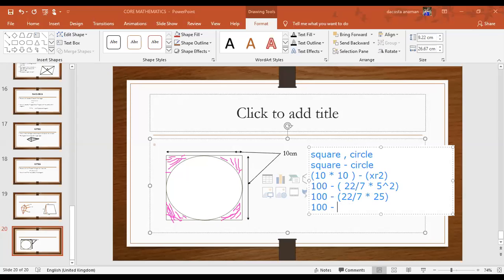That's 78.557. Is that okay? So minus 100 will give us 21.43 centimeters squared. So that's the area of the shaded figure there, and I'm glad you all had it.